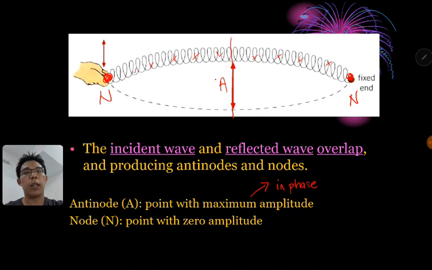Whereas at a node, they must be exactly in antiphase. When one arrives there at a trough, the other must arrive with a peak. The next moment, when one arrives with negative 1 cm, the other must arrive with positive 1 cm. That's what it means. Later we can see some animation.